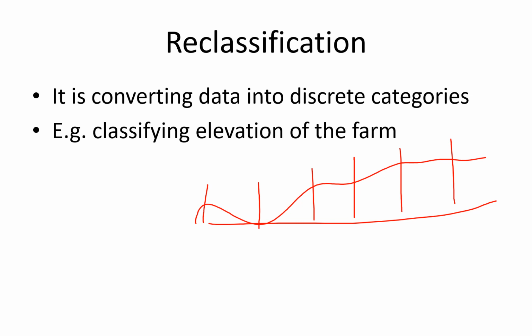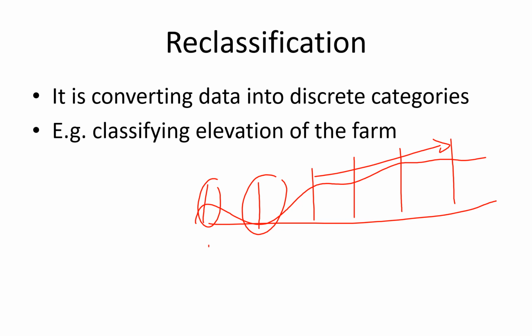But for ease of interpretation, we'd want to have maybe 3 categories. Maybe we'll have valley bottoms, and then we'll have crests like this, and then we'll have a sloping area like this. So here we'll have 3 categories, for example.